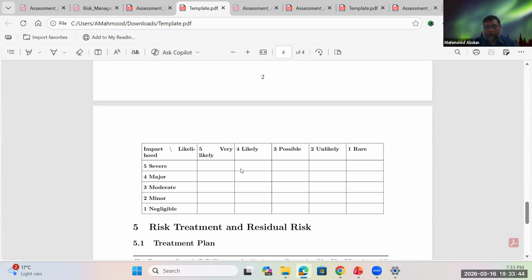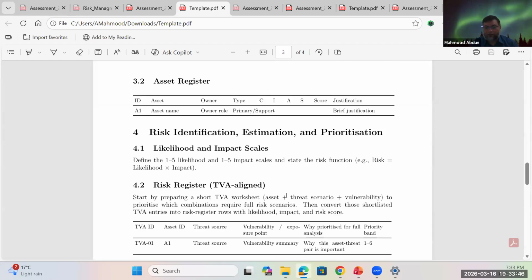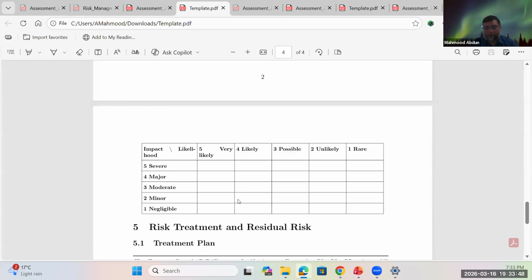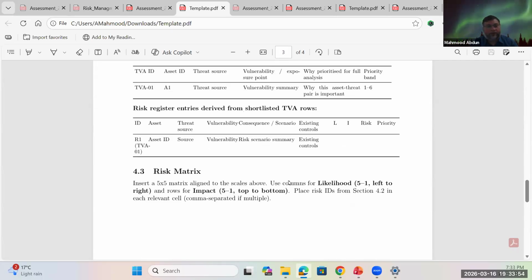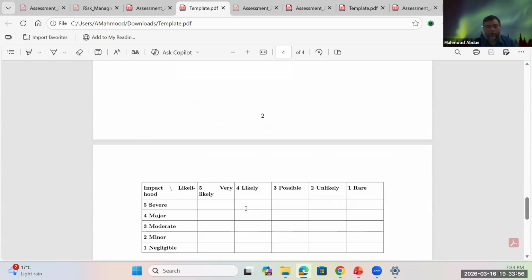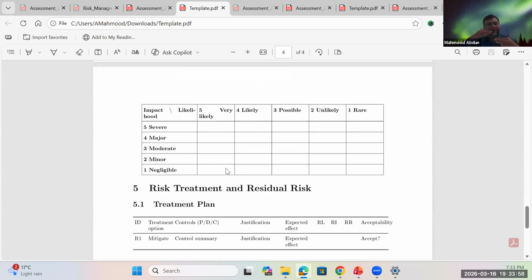You need to put those important risks from the TVA over here. Okay? So just one more step beyond the TVA matrix. And this will help you to quantize rather than be very, very particular about the risk value. Here you can quantize it.